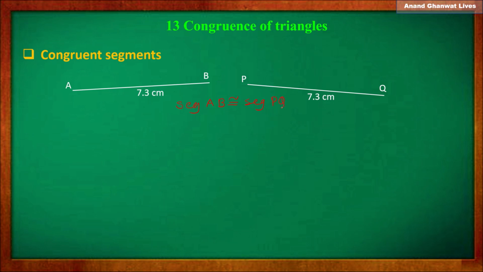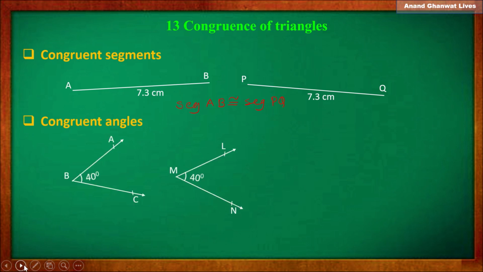Now next, congruent angles. Observe the given two angles: angle ABC is 40 degrees in measure, and angle LMN is also 40 degrees in measure. So both the angles have the same measurement.